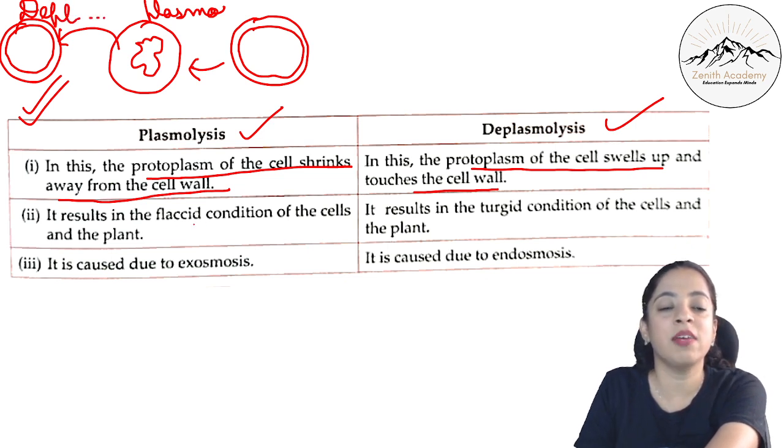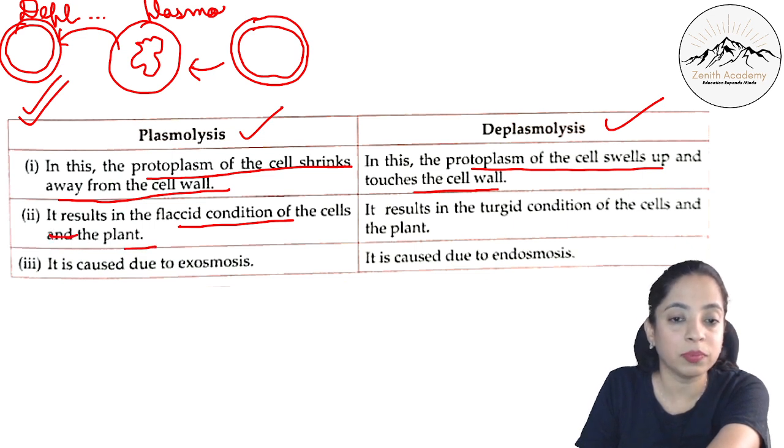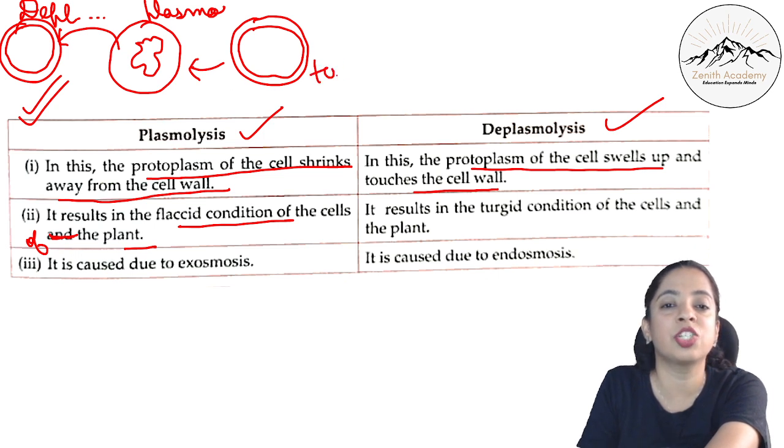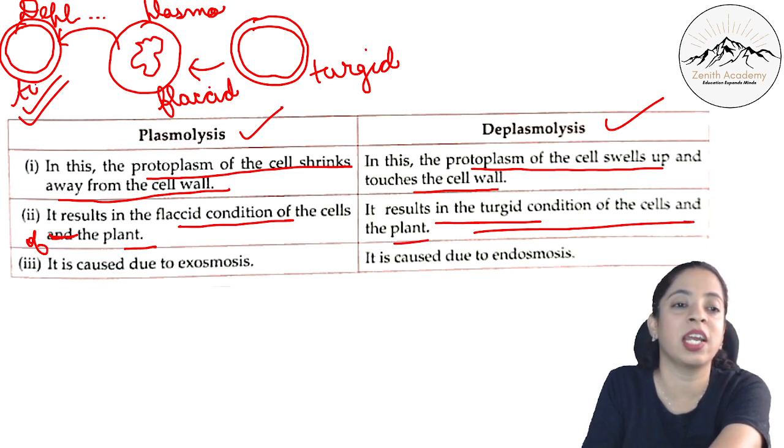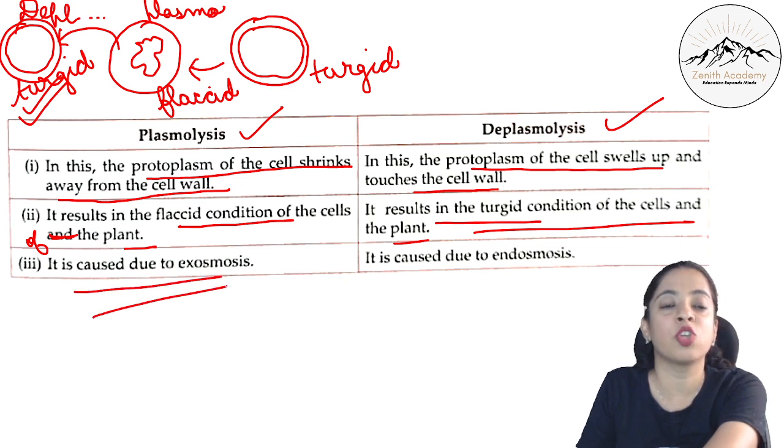Plasmolysis results in the flaccid condition of the cells and of the plant. So you can see this is turgid, this is flaccid. It turns into the flaccid condition, and deplasmolysis results in the turgid condition of the cells and the plant. You can see this is again turgid. Plasmolysis is caused due to exosmosis.